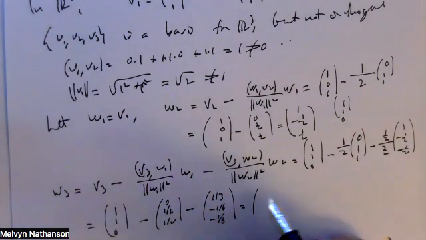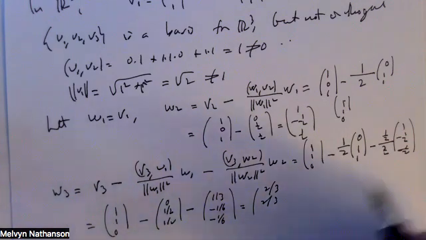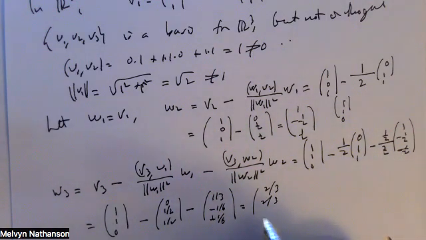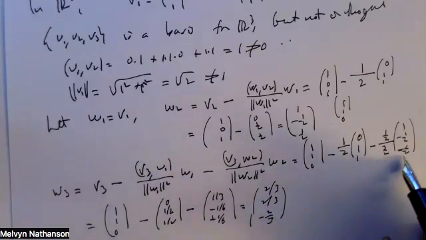So this is 1 minus a third, 2/3, 1 minus a half plus a sixth is 2/3, minus a half plus a sixth is minus a third. No, minus a half, oh, this is plus, minus 2/3. So W1 is V1, W2 is this, W3 is this.